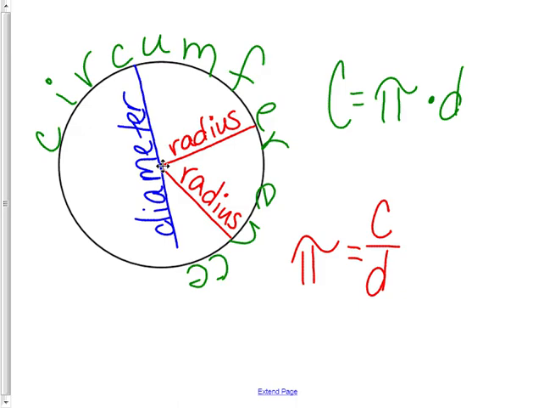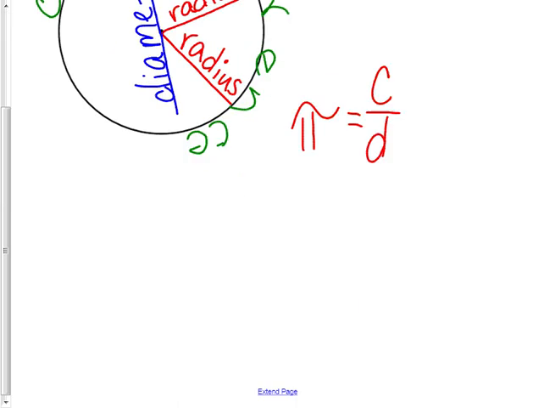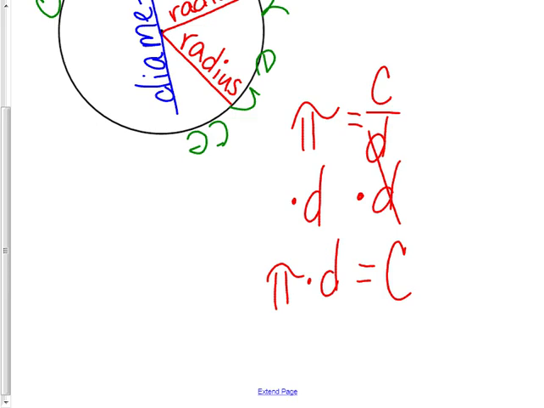So because we know that that relationship exists between pi and circumference and diameter, pi being the relationship between the two, then we can use that relationship to write the formula. That's where the formula comes from. Think about it. If we multiply by diameter on both sides, then don't we end up with circumference equals pi times diameter? So it should make sense where that formula comes from.